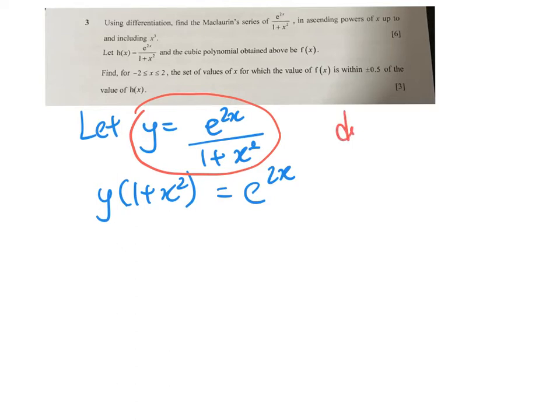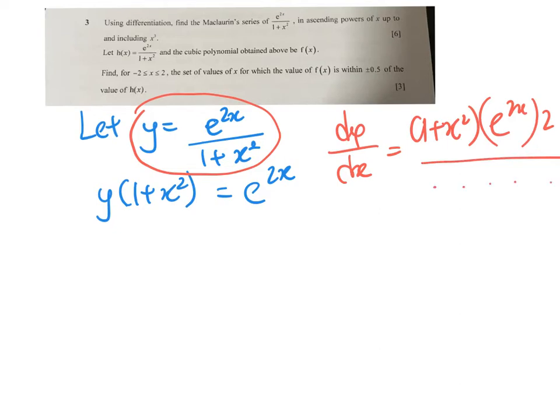They just let dy dx equal, say they use a quotient rule here, and they get e to the power 2x, etc. Now, this is not a very efficient way to do this question.